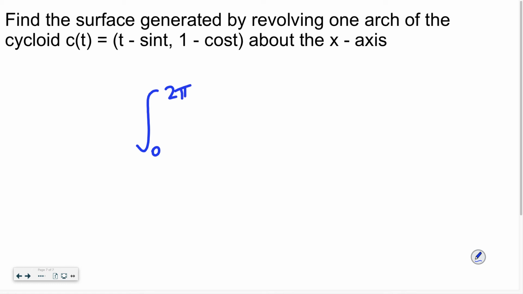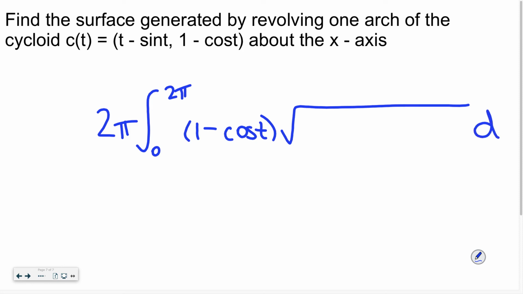Now to set up our surface area, we have 2 pi out in front, y of t, and then we have that radical that's appeared in every single thing we've done today, dx/dt squared plus dy/dt squared. x is t minus sine of t, and y is 1 minus cosine t, the quantity squared, plus this one is sine.